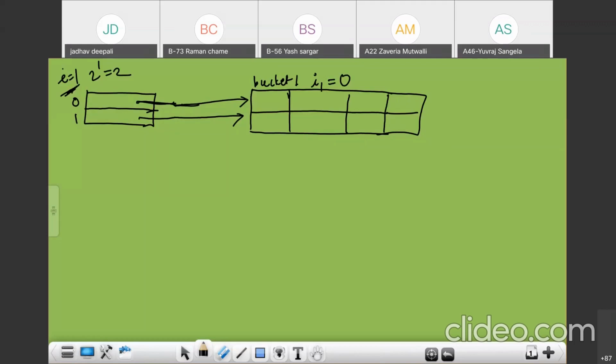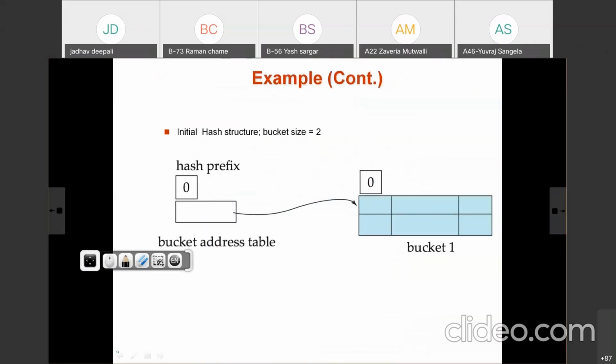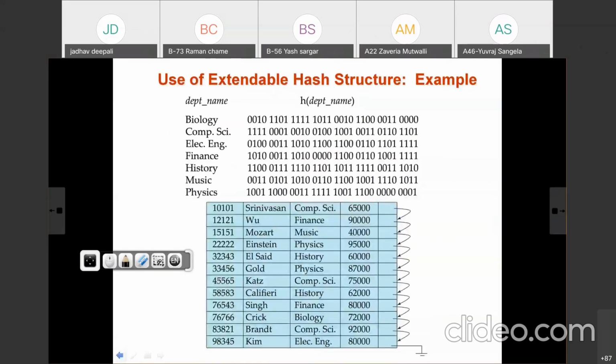There is a single bucket. Whatever the first record, it goes into that bucket. Now see, what is the first? This is Srinivasan, computer science, whatever the salary, and the ID 10101. So the first search key is computer science. Now check the computer science hash value.